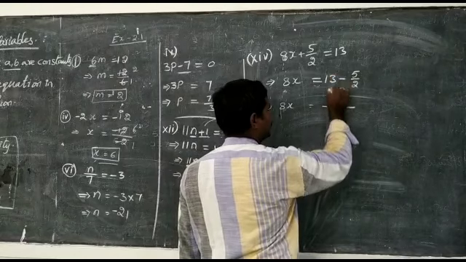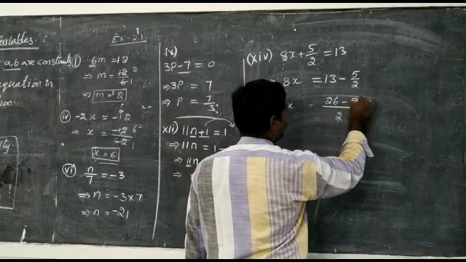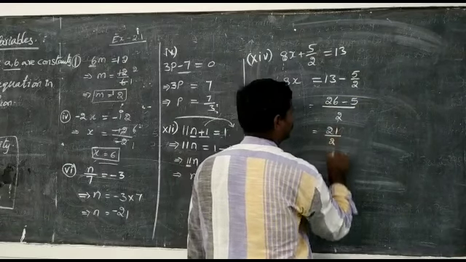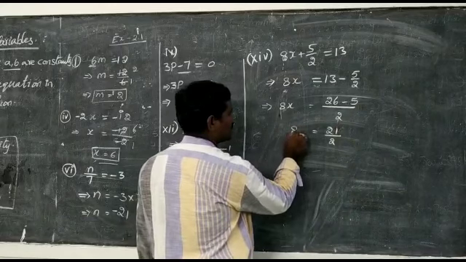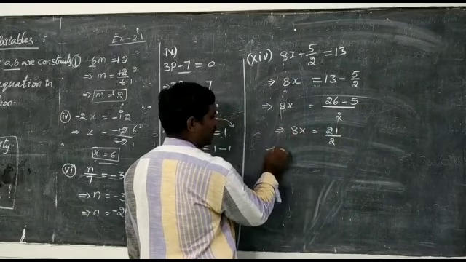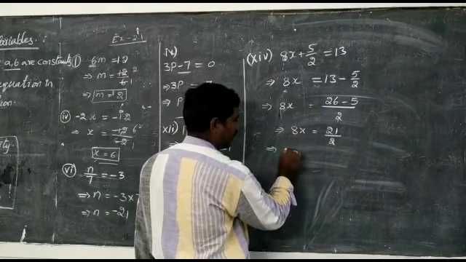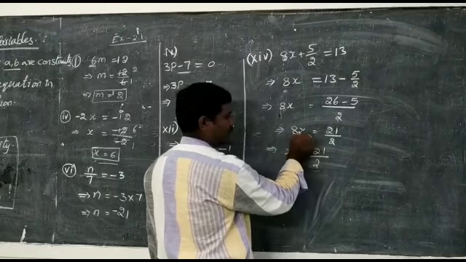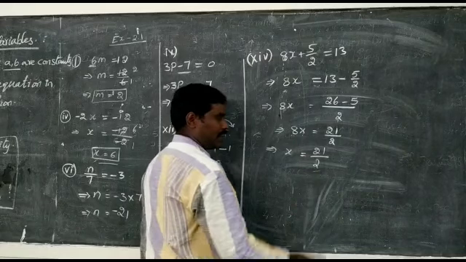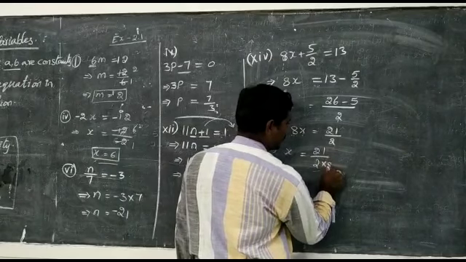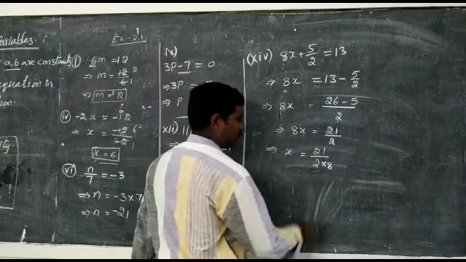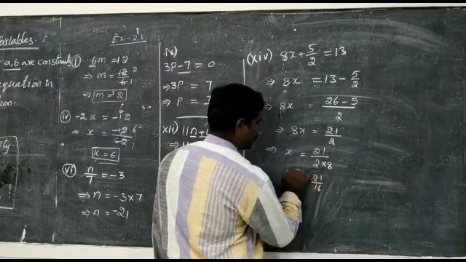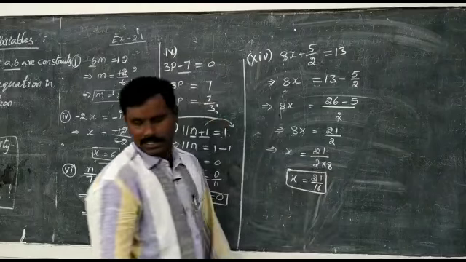Now 2 thirteens are 26, minus 5. How much is 26 minus 5? 21/2. So 8x = 21/2, and you can transpose 8 also. On the LHS side it is multiplied, so on this side it is divided. x = 21/16. The value of x is 21/16.